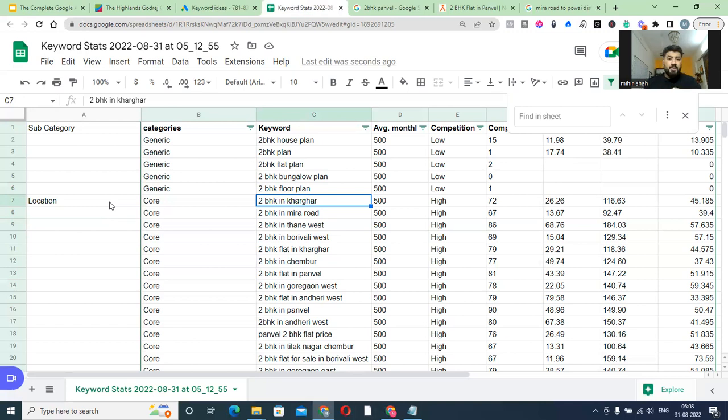So when somebody searching maybe puts 2 BHK Kharghar as a keyword, it's going to be in my keyword as well, 2 BHK Kharghar. But the minute this person sees an ad, he will see 2 BHK Panvel, right? And it's not going to affect my quality score as much. It will affect it, but it will still bring my quality score to a 6 or a 7.